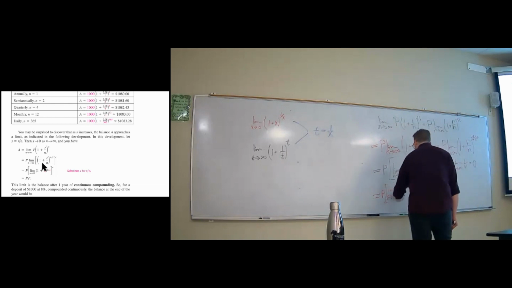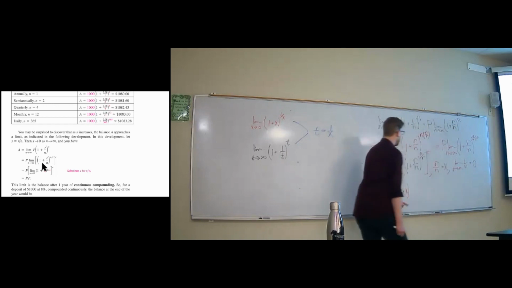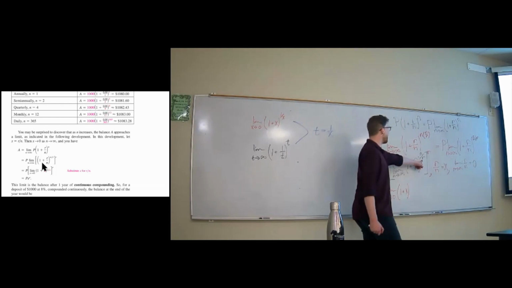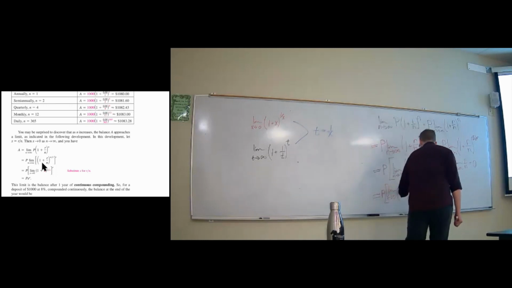Of 1 plus x. Well, this exponent is just going to be 1 over x, right? So let's replace that exponent of n over r with 1 over x, that whole thing times r.